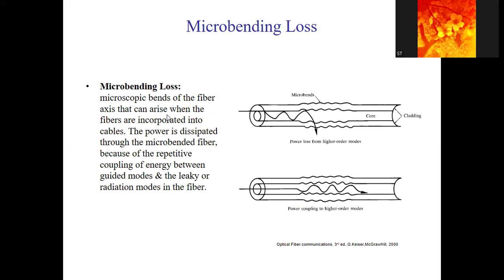Basically, this is because of non-uniformity, and second, it is also caused by the non-uniform lateral pressure created during the cabling of the fiber. When the fiber is cabled, the lateral pressure creates this type of bend. Here you can see two diagrams. The first one is showing the loss from the higher order modes, and this is the power coupling inside the cable.